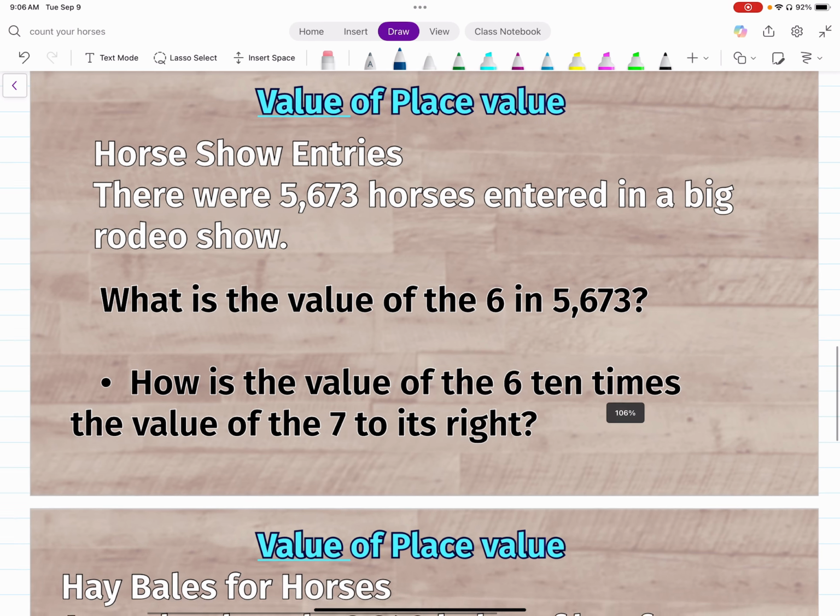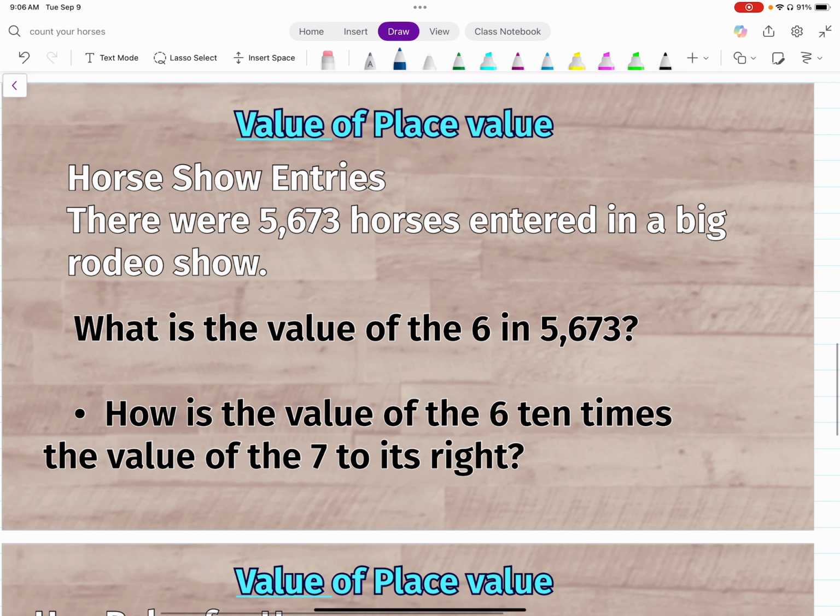All right, so let's look at this down here. Horse show entries. There were 5,673 horses entered in a big rodeo. What is the value of the six in 5,673?